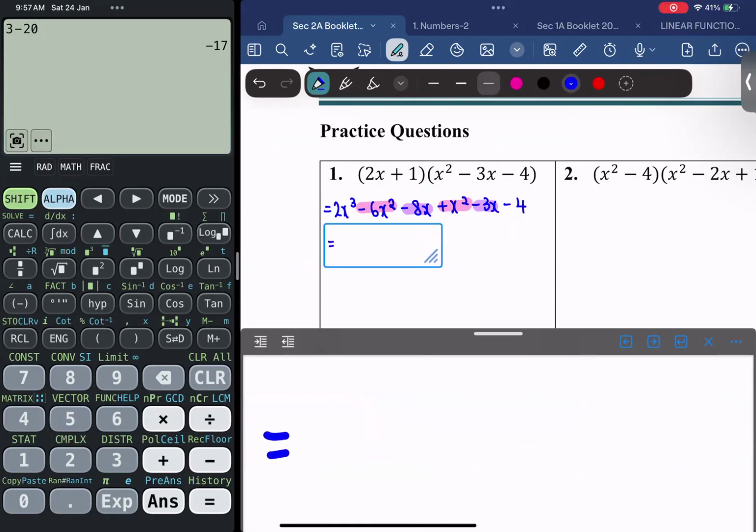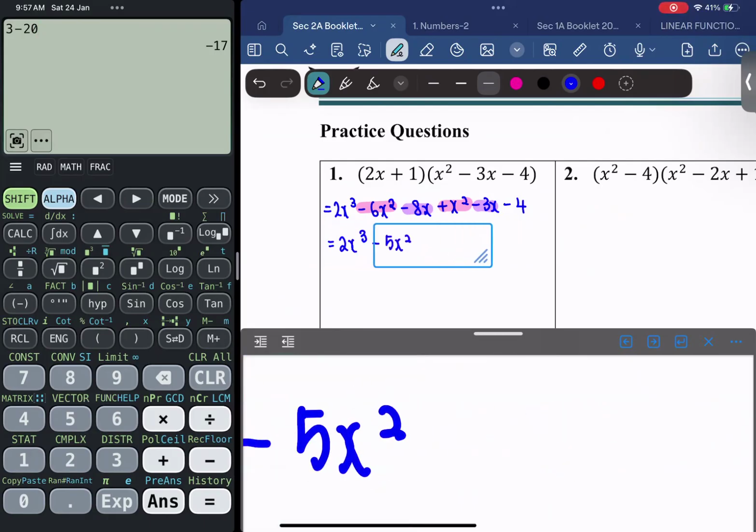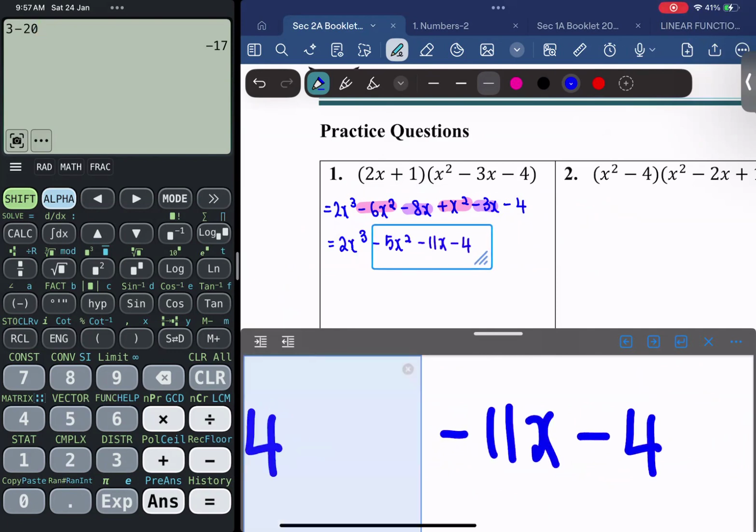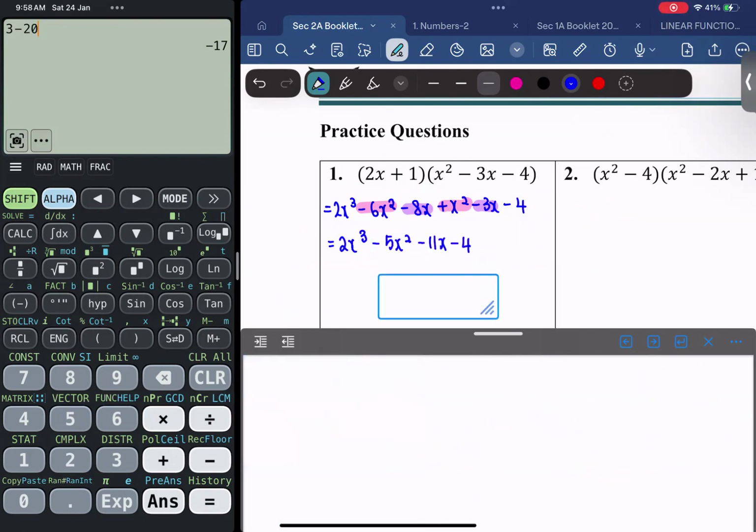So it will be 2x cubed minus 5x squared minus 11x minus 4. Is that okay?